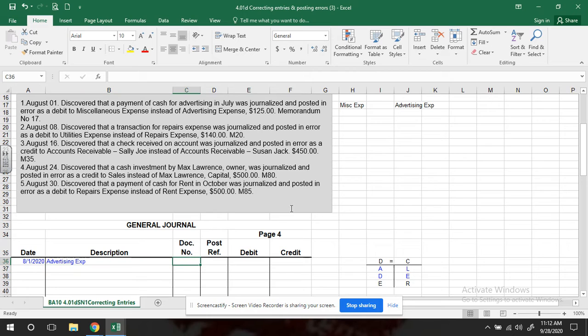And this document that's telling us to do this is memorandum number 17, M17. And the dollar amount is $125. So I'm putting it into advertising where it's supposed to be, but I have to take it out of miscellaneous because it doesn't belong in miscellaneous.